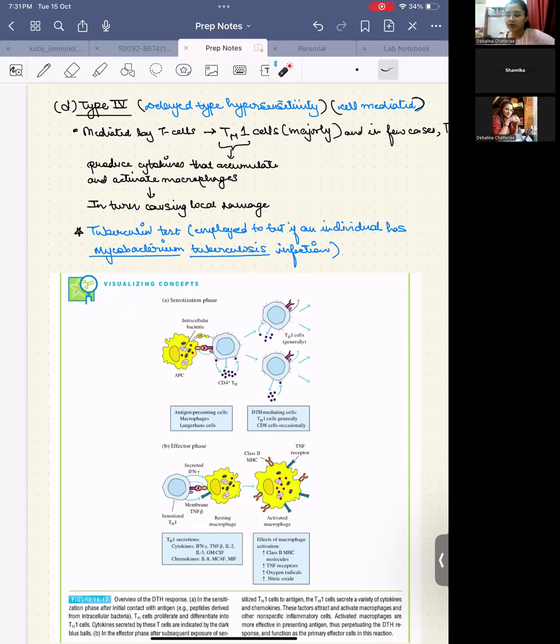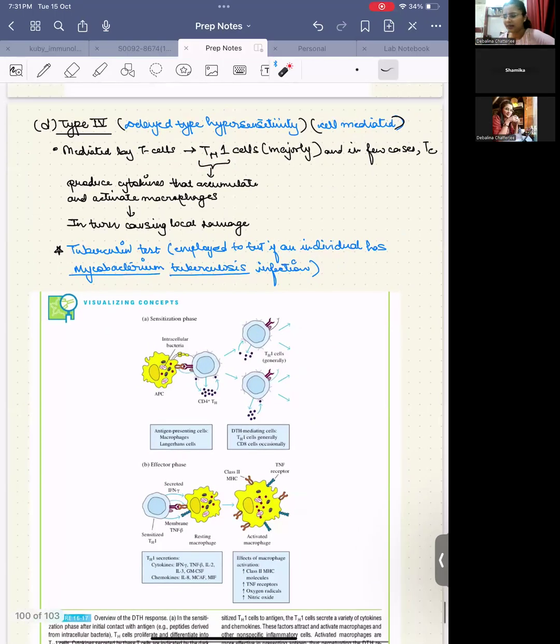Primarily, the response mediators are your T cells. Among the T cells, it is majorly the Th1 cells, and sometimes your TC cells can also be involved. Th1 cells produce cytokines that accumulate and activate the macrophages.